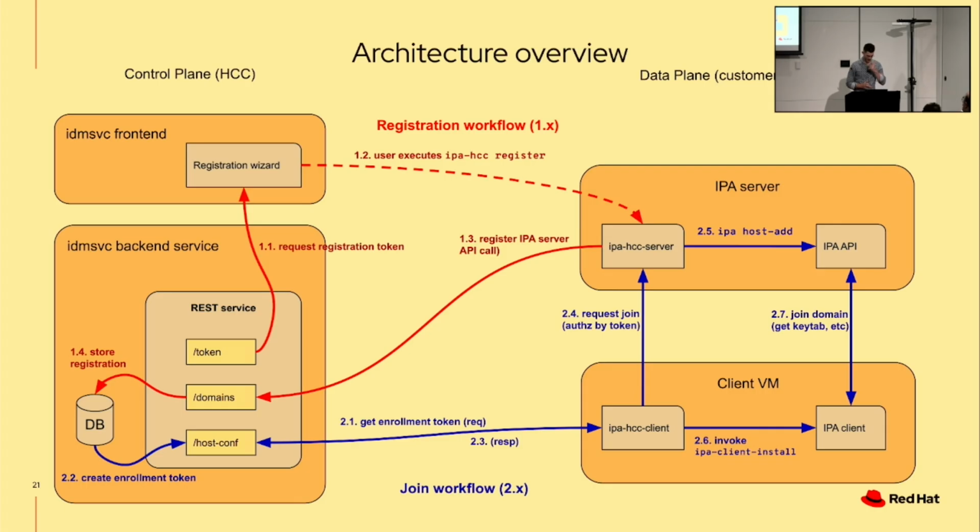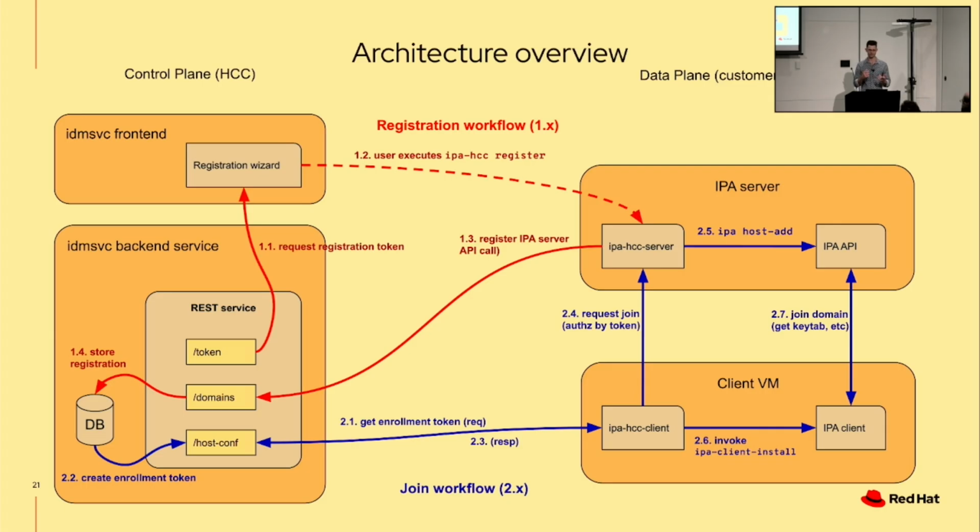So the first step of the registration workflow is that the registration wizard requests that token, which was included in the IPA HCC register command. So we request a token from the backend. We convey that token to the user through the user interface. The user then takes that registration command and runs the IPA HCC register command on the IPA server. That sends a post request to the backend that provides the backend with all of the information about that domain.